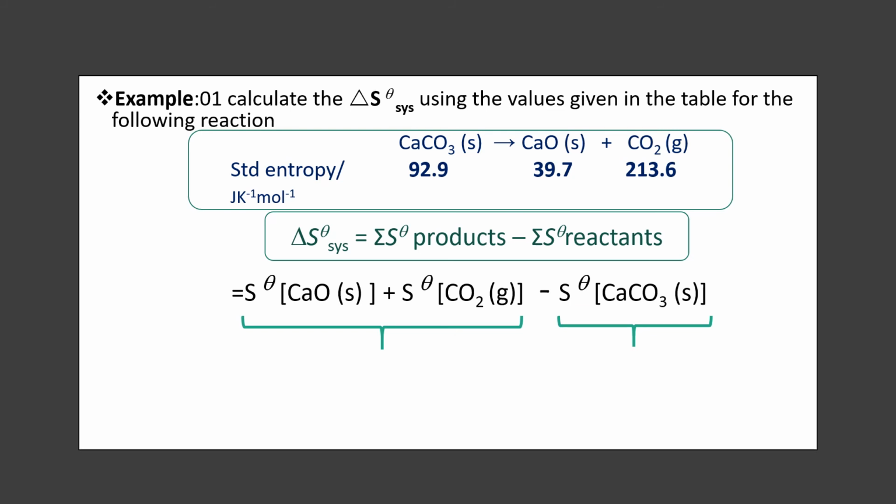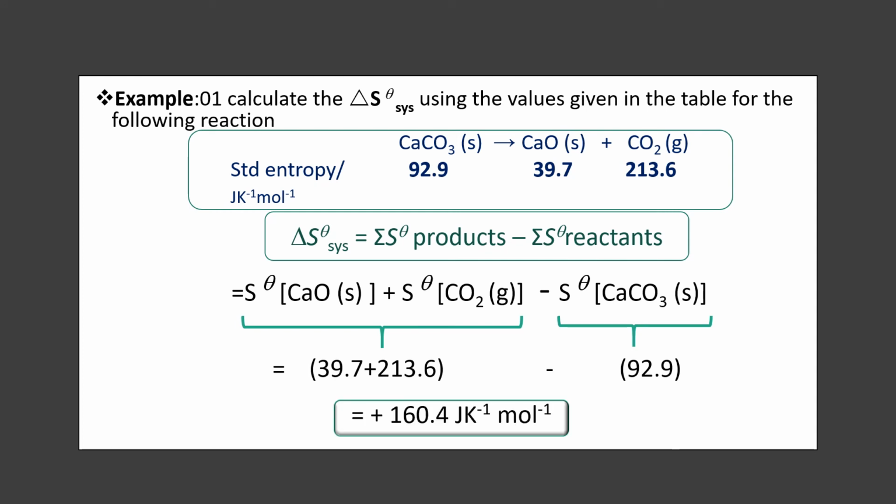I've just expanded that. The entropies of calcium oxide and carbon dioxide are added together minus that of the reactant, which is calcium carbonate in this case. If you substitute the values to the same expression, you should have something similar to this. What is the answer you've got? Is it 160.4? You should have got a positive value.